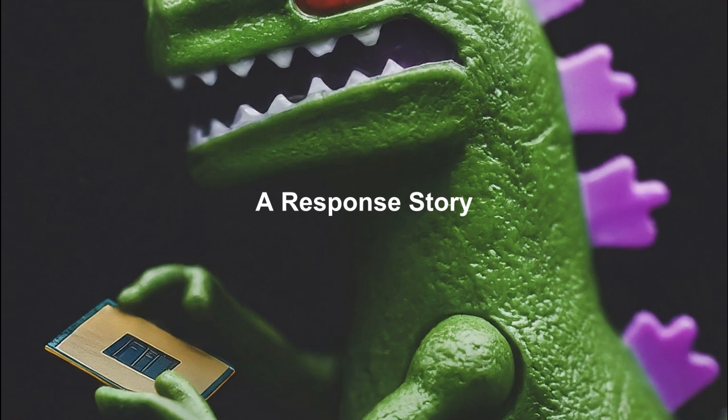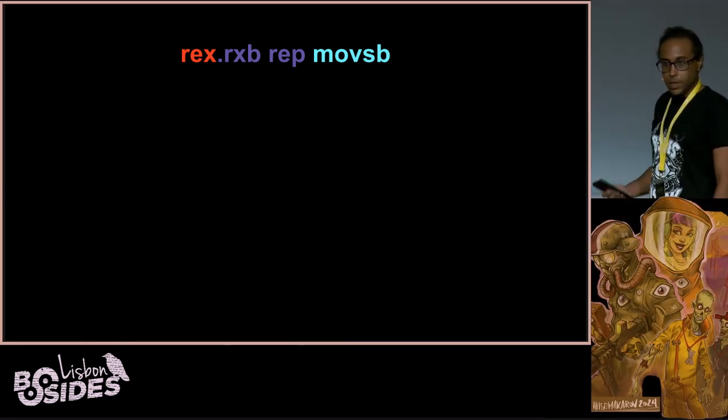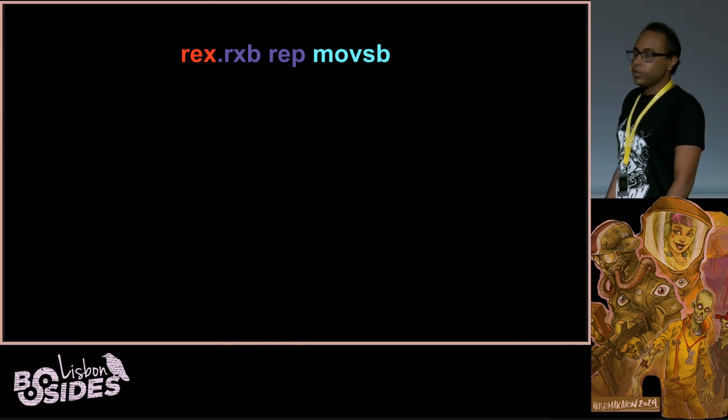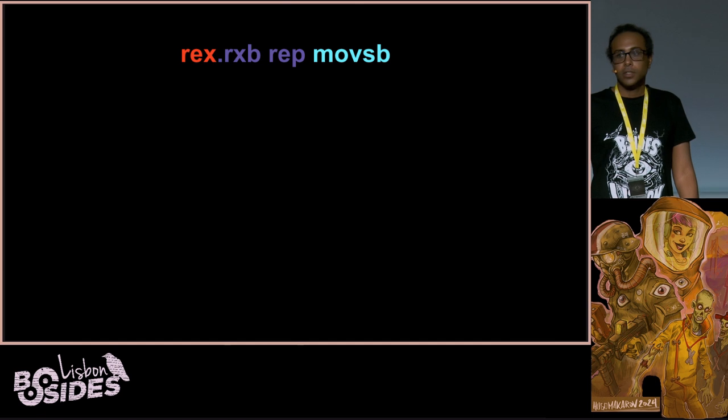So now let's get to the story that I promised I was actually going to tell you. Now that we know what this is, researchers at Google do a lot of interesting stuff, of course.